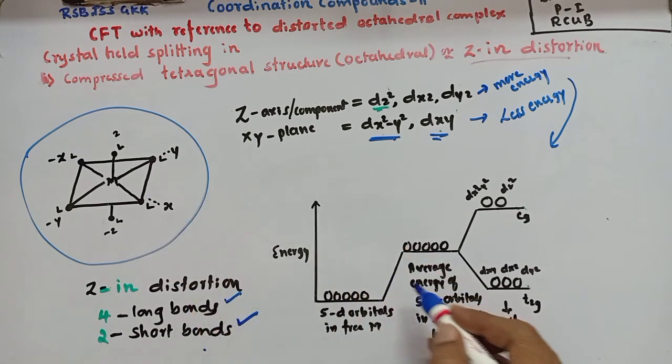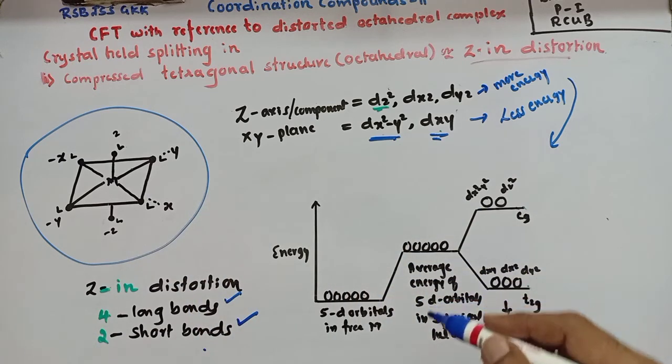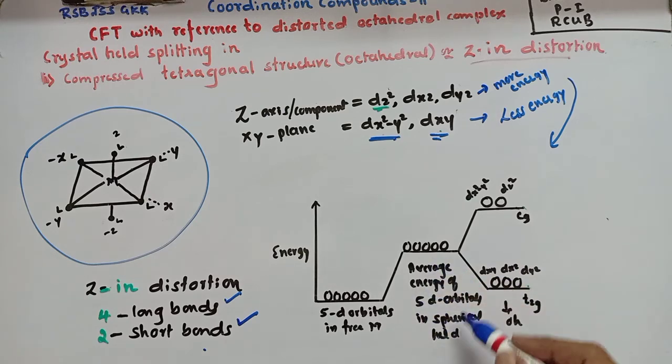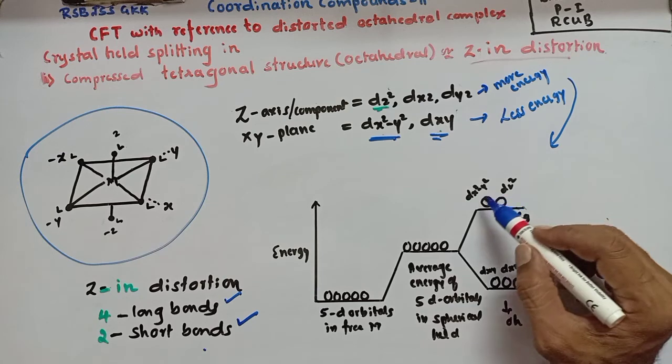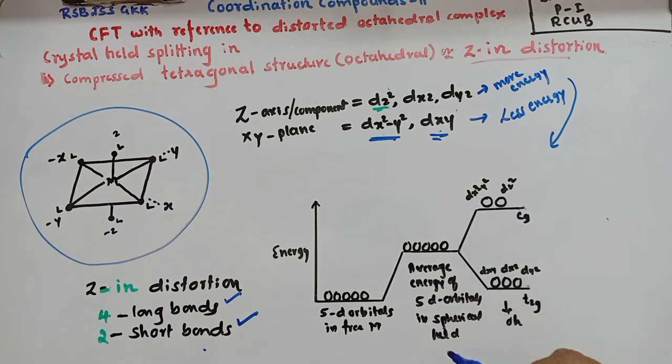In the regular octahedral crystal field splitting diagram, the 5 d orbitals split into t2g and eg. The t2g orbitals consist of dxy, dyz and dxz orbitals. Similarly, the eg orbitals consist of dx square minus y square and dz square orbitals.